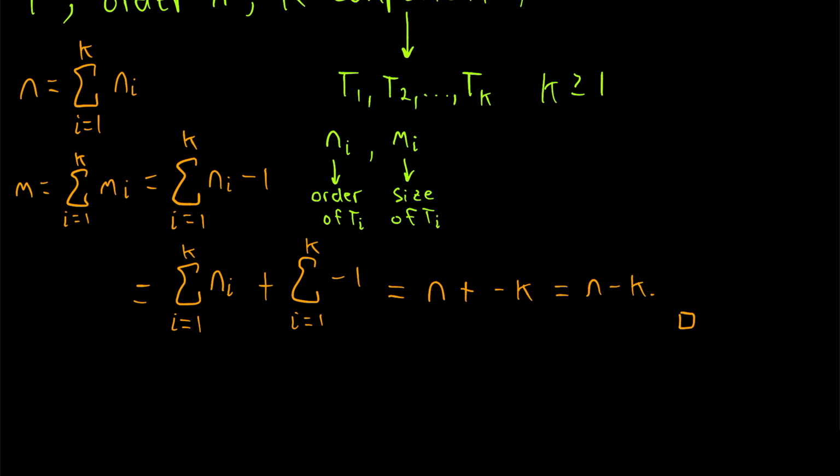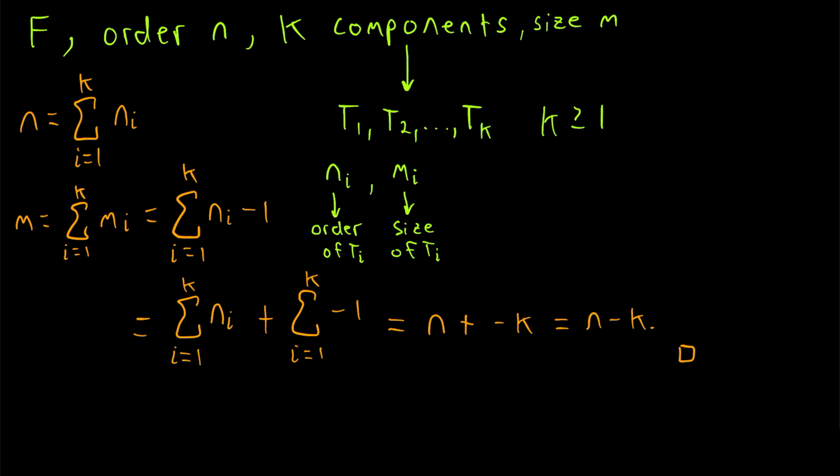So very straightforward. All we did was recognize that the number of vertices in a graph is equal to the sum of the number of vertices in all of the graph's components. There might be one component, two components, any number. Similarly, its size is equal to the sum of the sizes of its components. Then we just recognized that since F is a forest, by definition, each of its components is a tree.